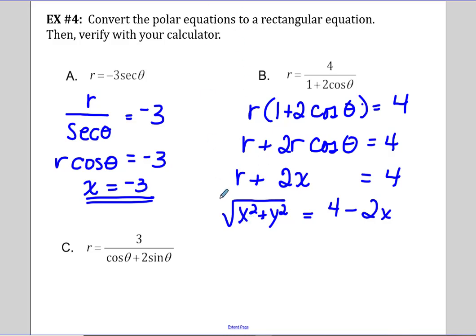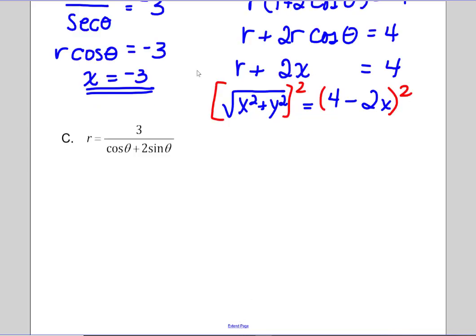So how about if we square this side and then square this side? This one is a little more complicated. That would leave us with x squared plus y squared. And then expanding this, we would have 16 minus 8 twice, so that's 16x, plus 4x squared.